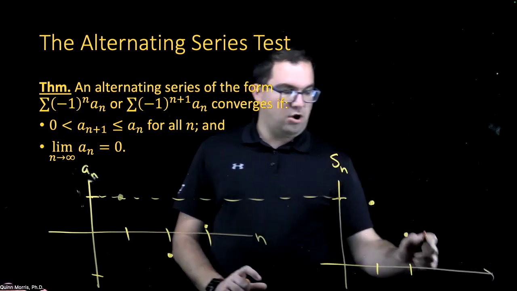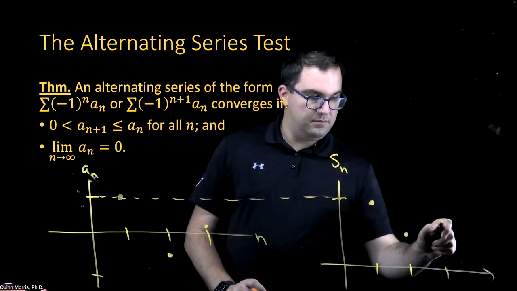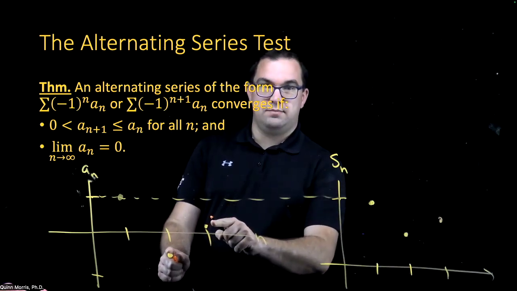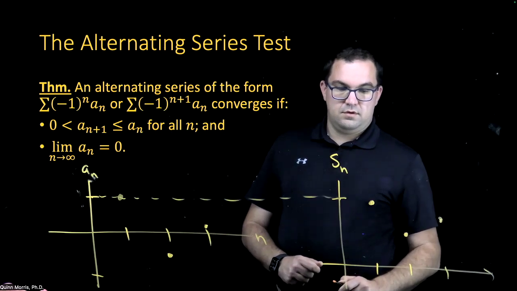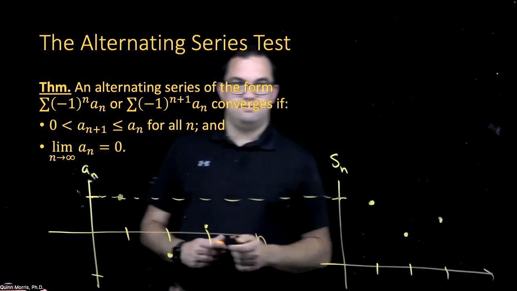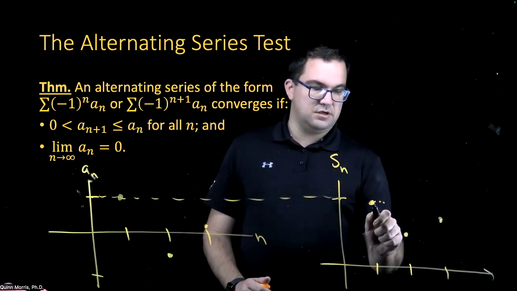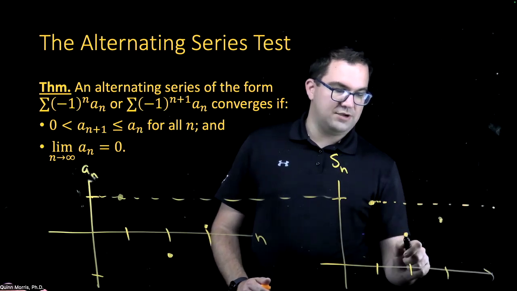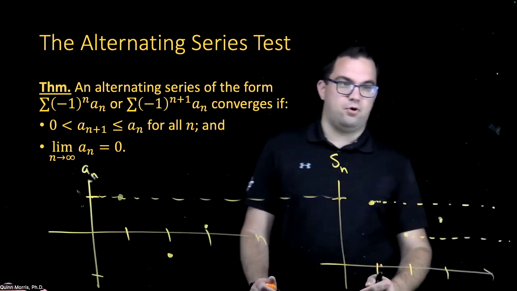So what that tells me is I'm going to go back up a little bit, but not all the way back up to here, because the net effect of these two is still going to be negative. I can keep going in this way, and what I see is that my partial sums are bounded between the first and second partial sum.